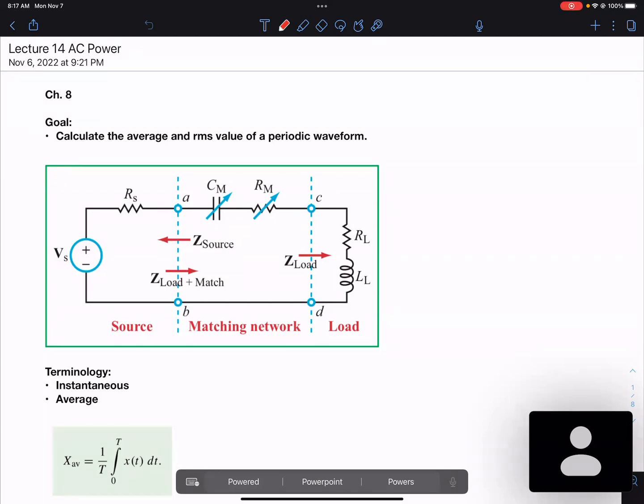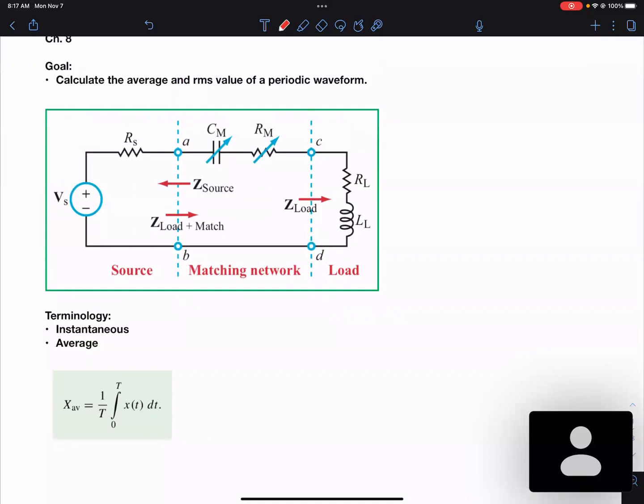So the first goal of today is to understand what the average and RMS values mean for periodic waveforms. This is our first goal. When we look at a system like this, we have a source that can be put into a Thevenin equivalent with a resistor and a voltage source, and then we usually have some type of load. In the past, we've usually talked about a load being just a resistive load, like a speaker itself.